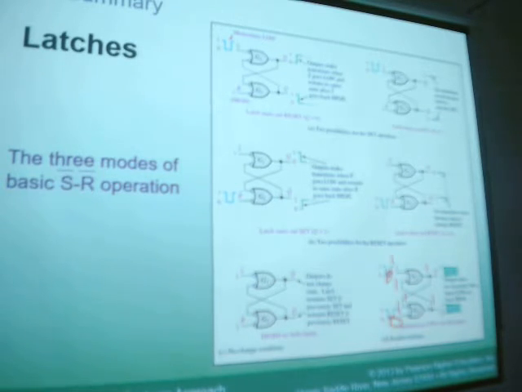We know that when S bar equals R bar equals 0, Q equals 1, Q bar equals 1. When S bar equals 1, R bar equals 1, right?